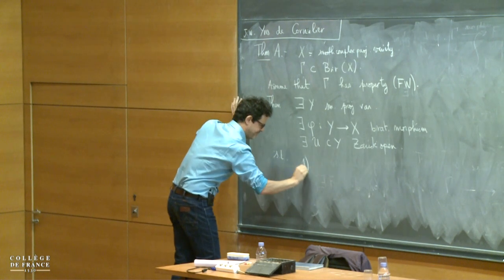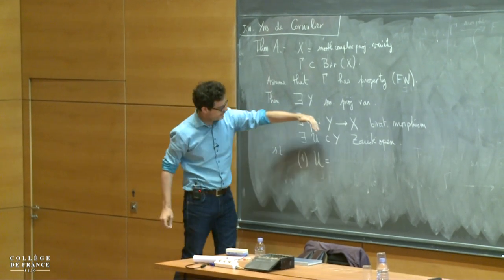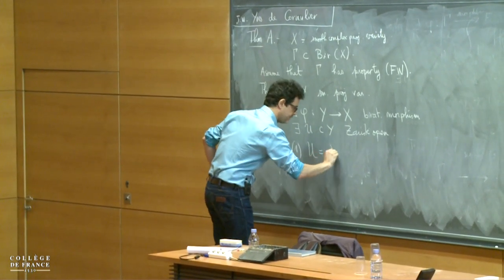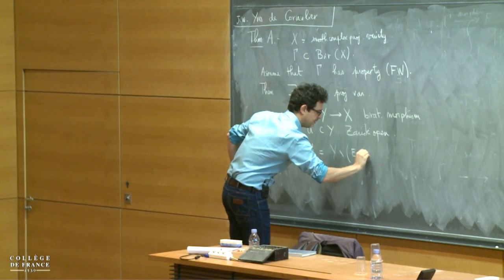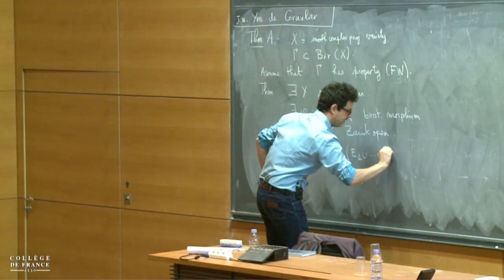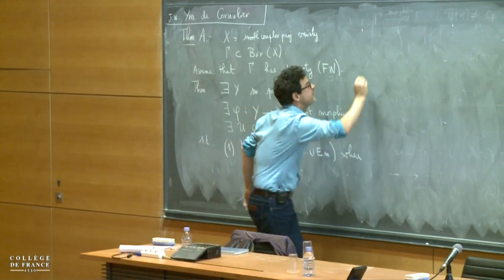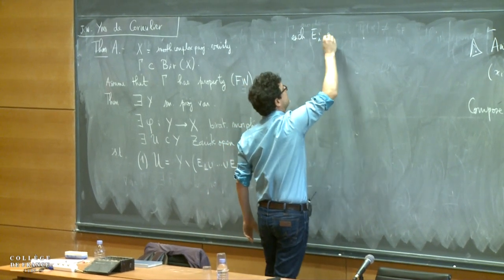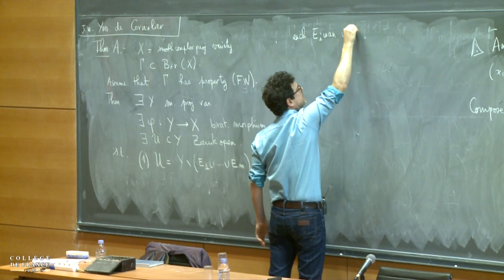So first, U is just the complement of finitely many hypersurfaces E_i. Each E_i is an irreducible hypersurface.